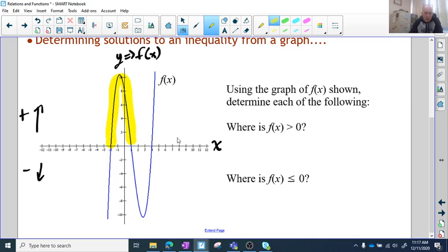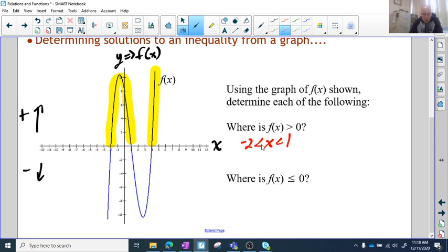There's one spot, and then there's another spot over here. What it's asking me to identify are the x values that would give me those particular segments of the graph. If you look carefully, this would be any x value between negative 2 and positive 1. So negative 2 is less than x, which is less than 1.